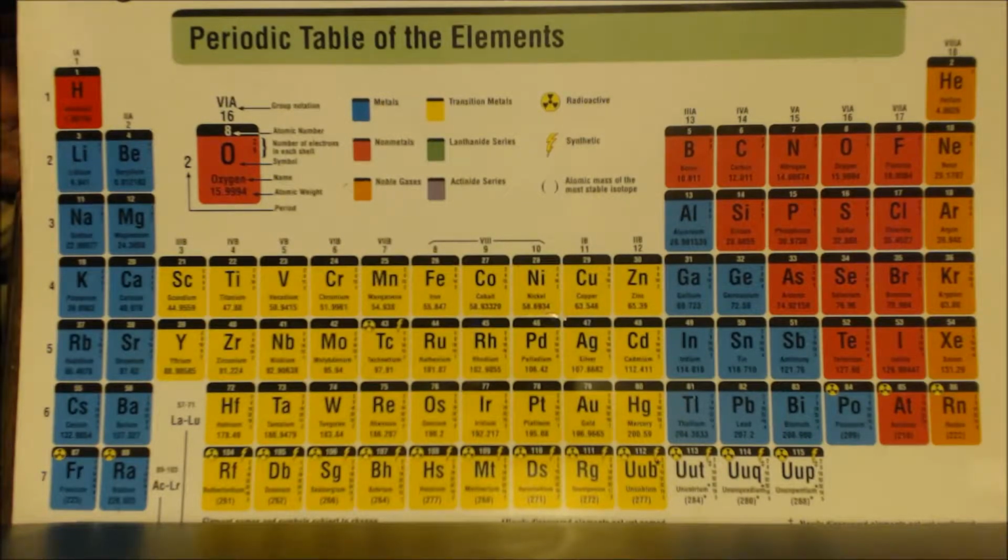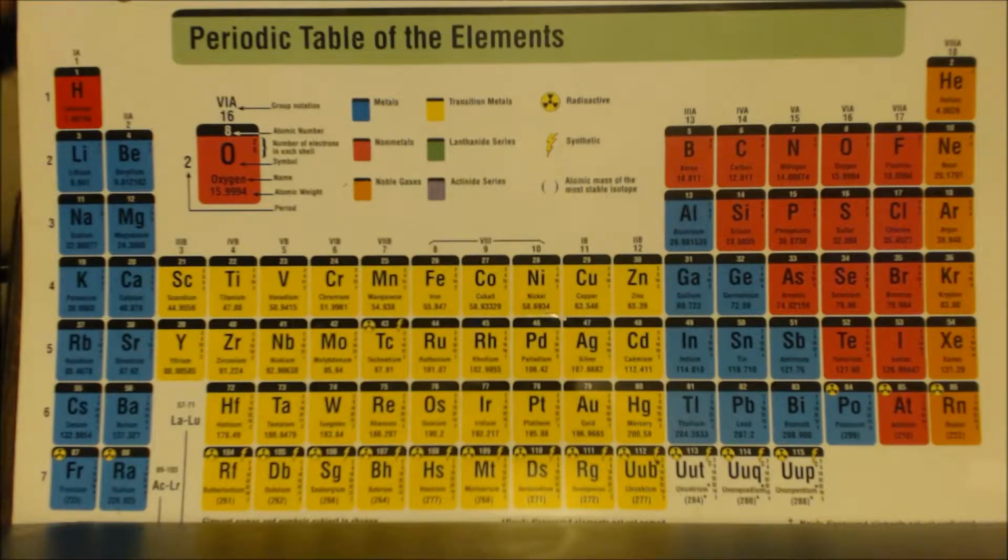And remember that the columns that go vertical, up and down, tell you how many valence electrons your atom has. Now, when we're talking about the octet rule and valence electrons, we're always talking about that last shell that's being filled or unfilled.